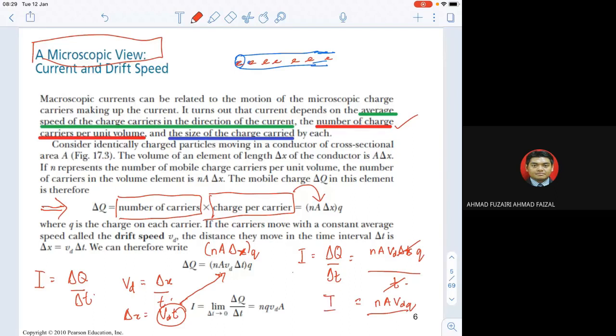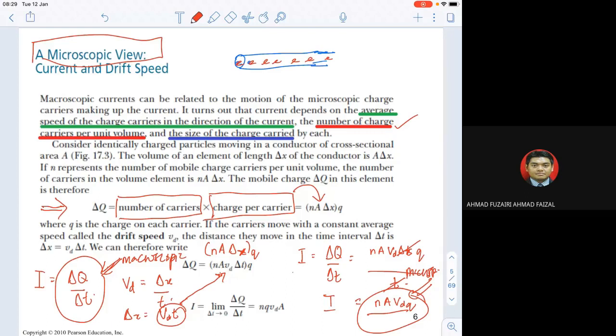So we can define current in terms of, this one is macroscopic, and this one, I equals nAvdq, is microscopic. Micro and macro, so you have two equations for current itself.